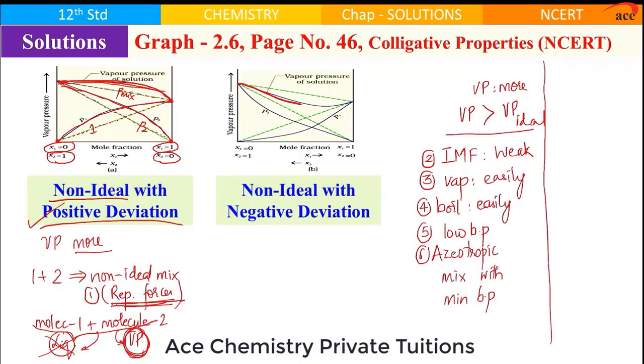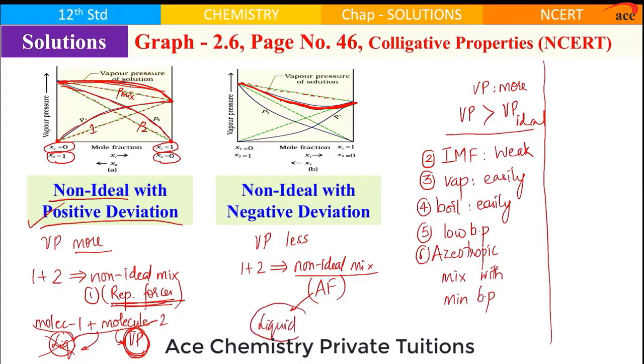What you are able to see, the vapor pressure is less. If vapor pressure is less, first thing, they make up a non-ideal mixture. If they were making up an ideal mixture, then the line should have been a straight line, which is not the case. So they make up a non-ideal mixture and they have attractive forces. If they have attractive forces, then molecules like to remain close to each other.